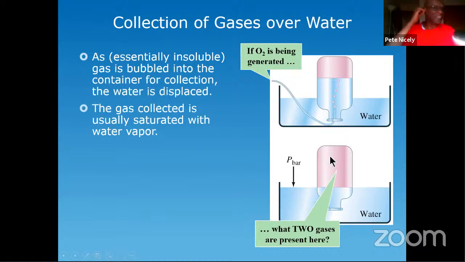But before we get to that calculation, here's a question that is being asked here. The question says, what two gases are present above the water level inside the jar? Now we know that one of them is oxygen, right? Oxygen is being generated and led into the jar. So we know that one of the gases collected above the surface of the water inside the jar is oxygen.